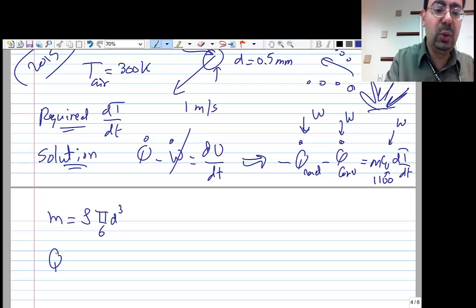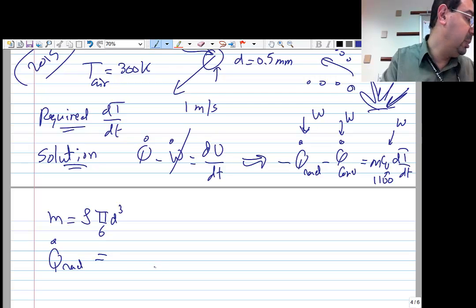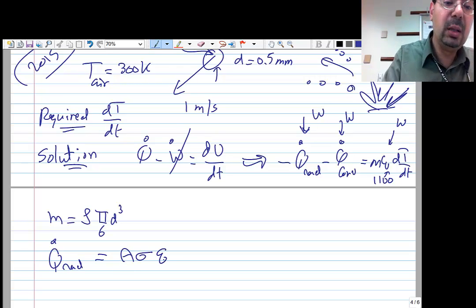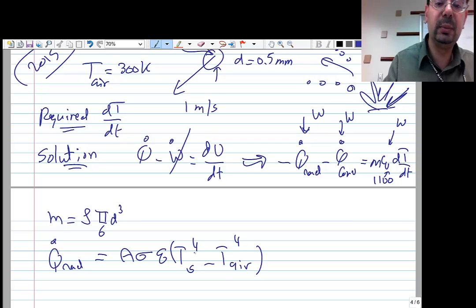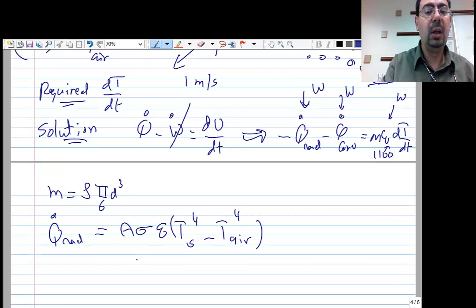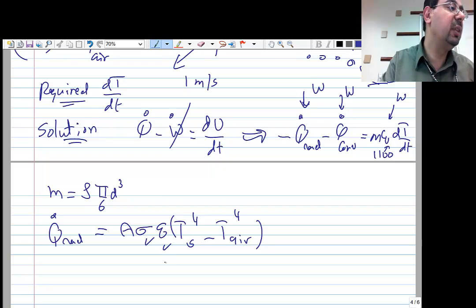In the hint, he also gave us the Q radiation, and today we will understand why it is like that. He said the Q radiation is area times sigma times epsilon times T surface to the power 4 minus T air to the power 4. Sigma is given, epsilon is given, it's 0.2 for that aluminum.